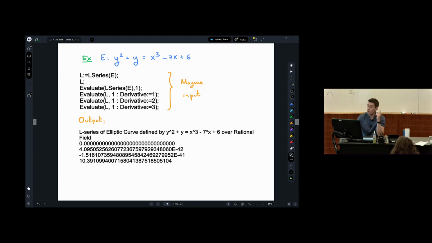By the way, when it returns 0 like this for the L series evaluated at 1, there is a 0 because provably we can compute enough coefficients of the L series to compute this to that precision. So it is 0, but to this precision. Again, this is a very good indication that the L value is 0. It doesn't prove that it's 0.